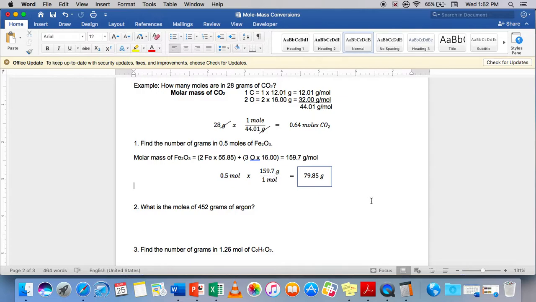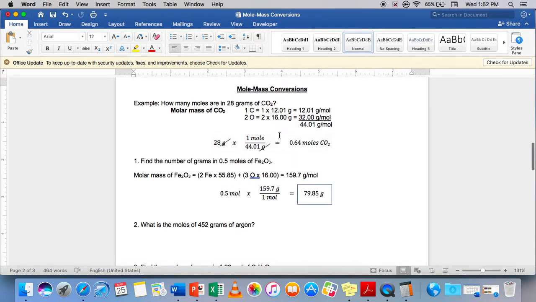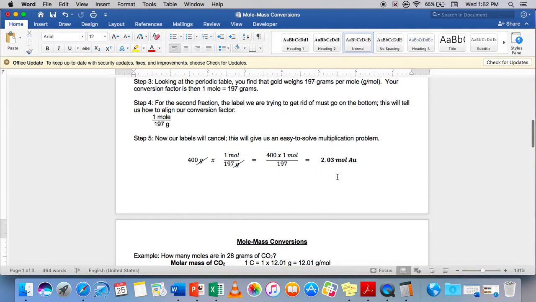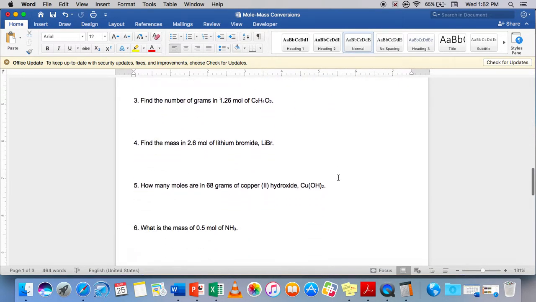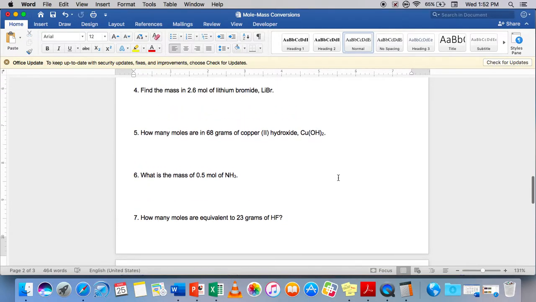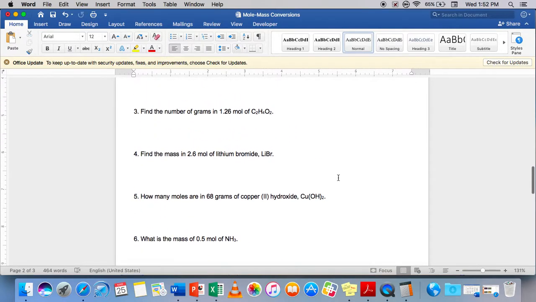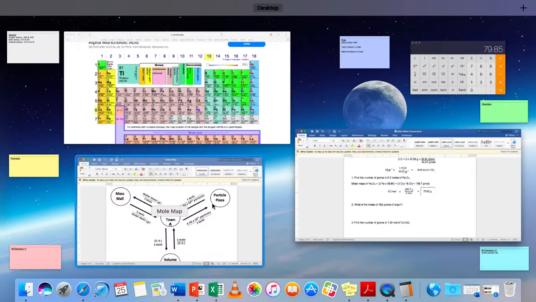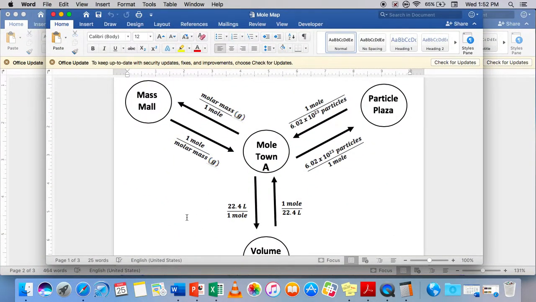You have a couple of examples here. You have the one we just did together, you have the example right here, and you have the example on the first page. Okay, I want you to try to do the rest of these problems. You are only going to use, remember, the mole and mass conversions.